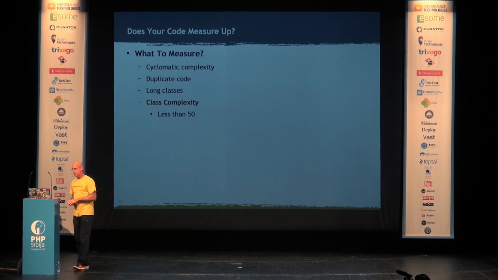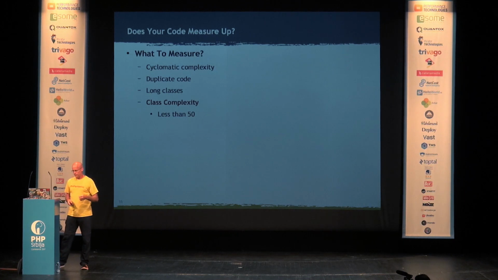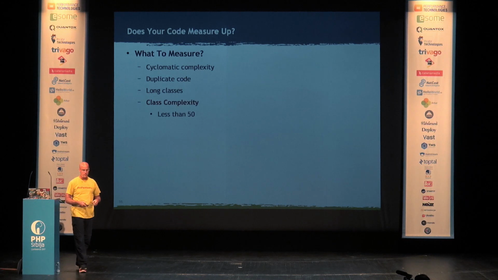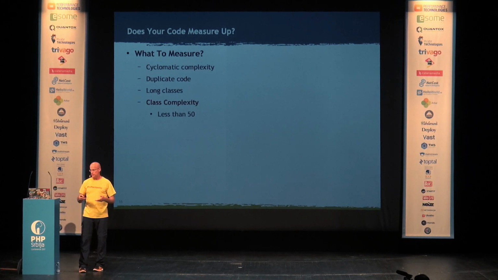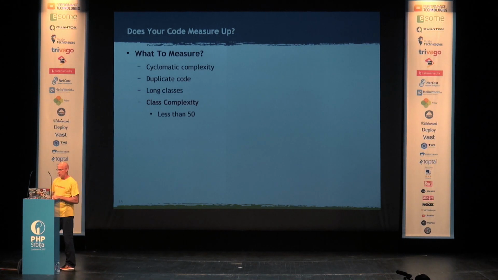So we want to keep that less than 50. If we're going for a 10 cyclomatic complexity in our functions, this would indicate maybe we're only going to do 5 functions in a class. But again, it all depends on what you need. Again, a class is solving a problem, and a method is taking care of one thing towards solving that problem.